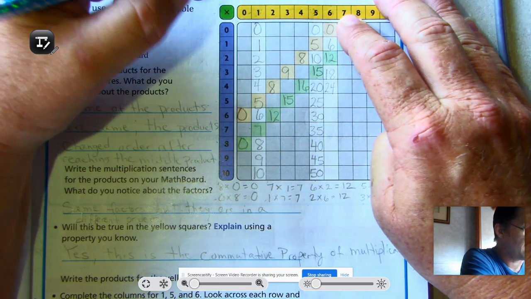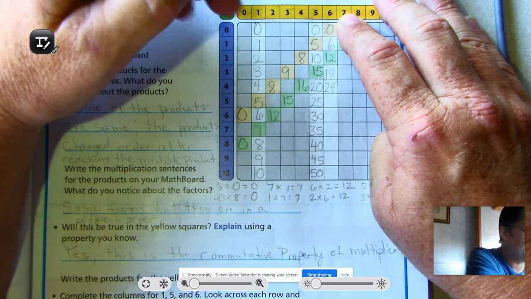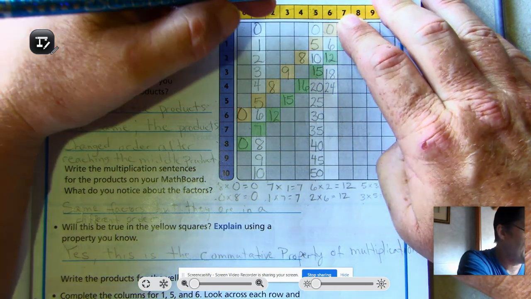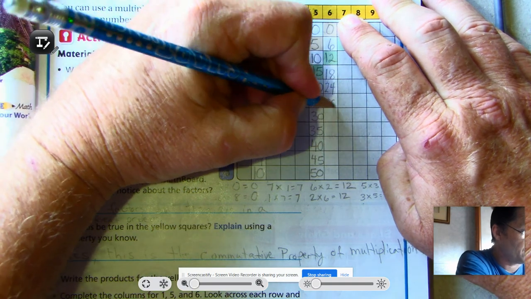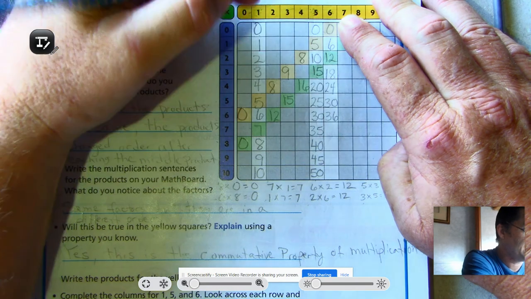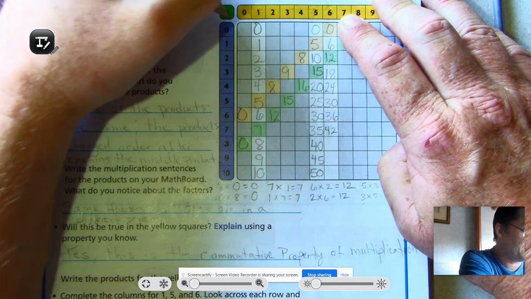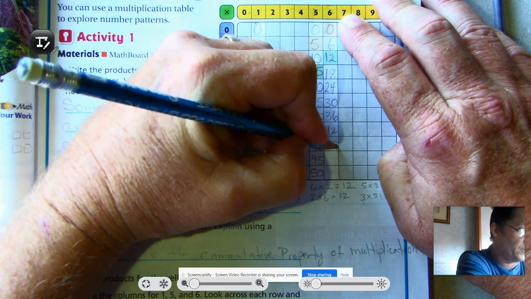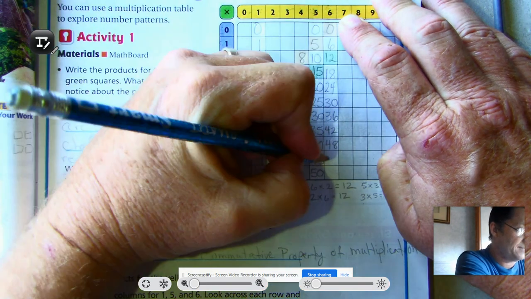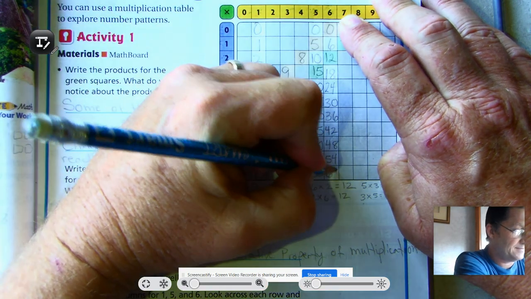So products of problems that have a 6 as a factor are multiples of 6. 6 times 5 is 30. 6 times 6, 36. 6 times 7, 42. 6 times 8, 48. 6 times 9, 54. 6 times 10, 60.